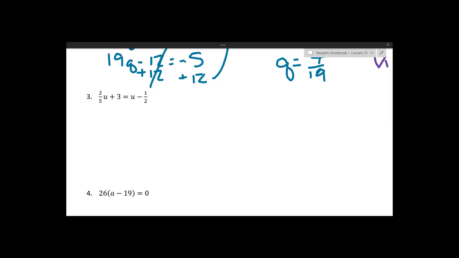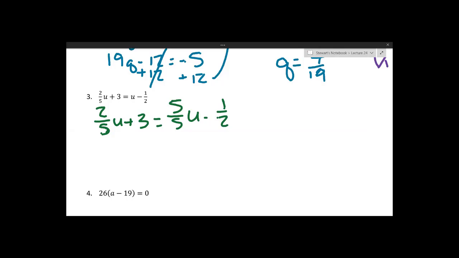And we can think about this to make it a little bit easier: 2/5 u plus 3. On the right-hand side, we have 1u minus 1/2, but 1 in terms of fifths would be 5/5. So we have 5/5 u minus 1/2.